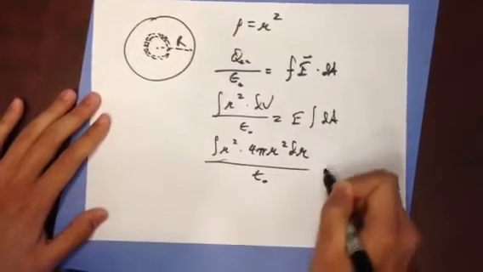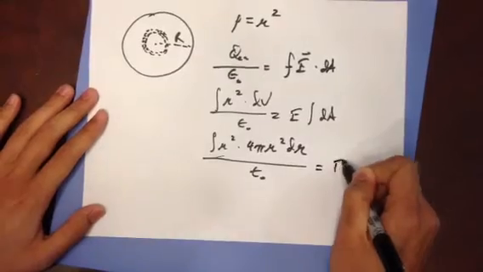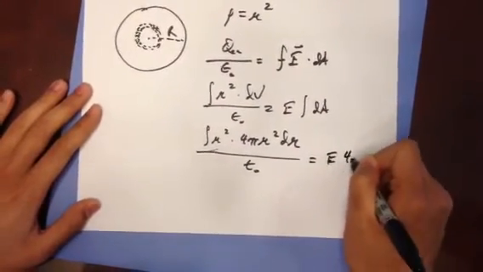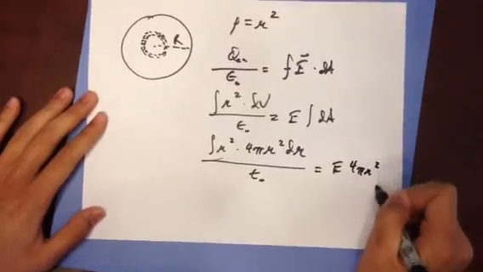That's over epsilon naught, E, and this all integrated is going to be 4 pi r squared.